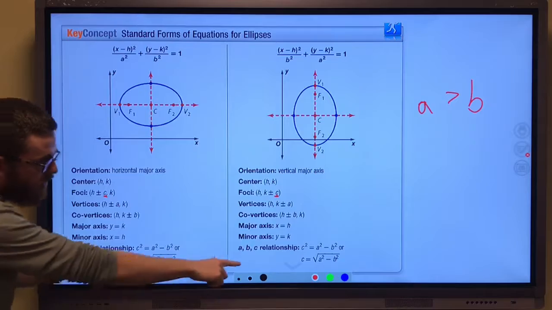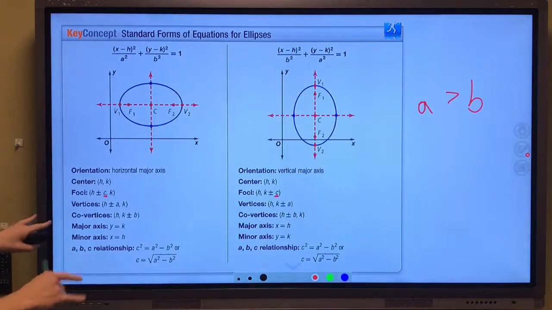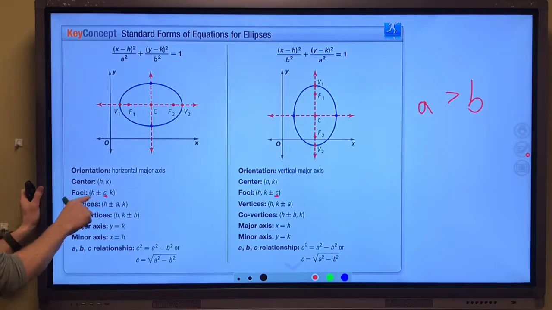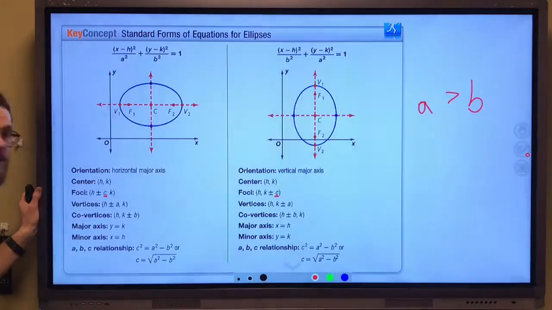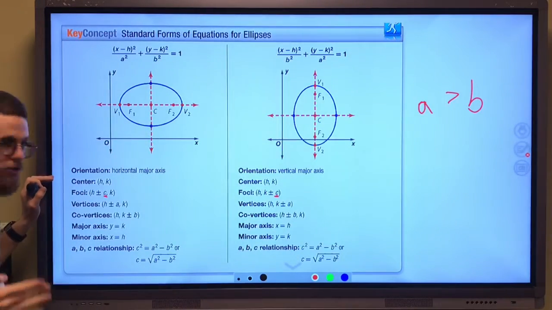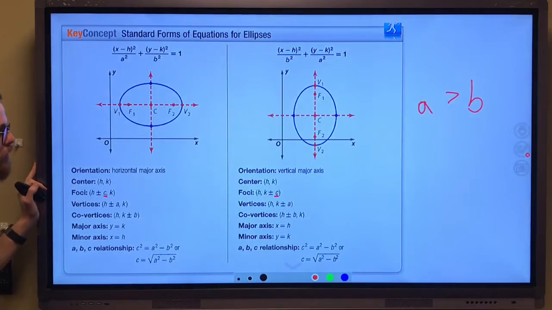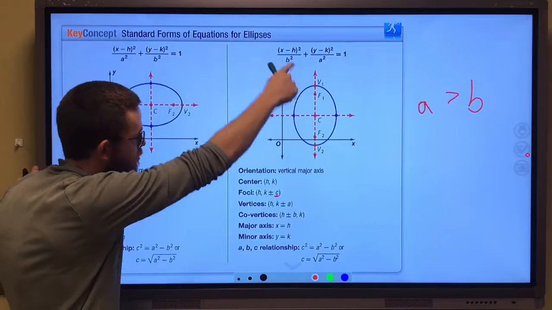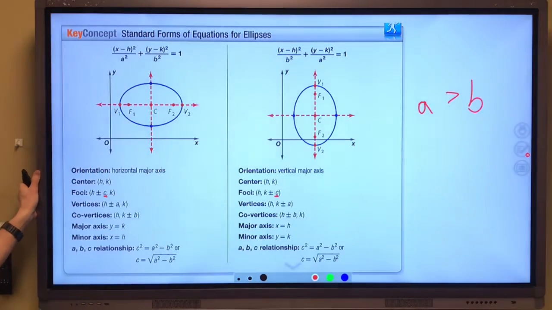We obtain c down here at the bottom. But c is a constant. In this case, c is affecting the x values. The y value stays the same, because our foci are located on our major axis, and our major axis is horizontal on this one. Over here, since our major axis is vertical, the c value is affecting the y values to get our foci.